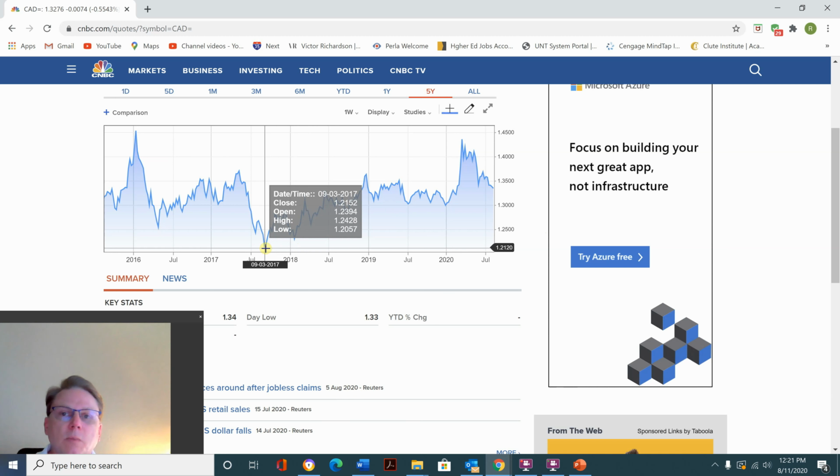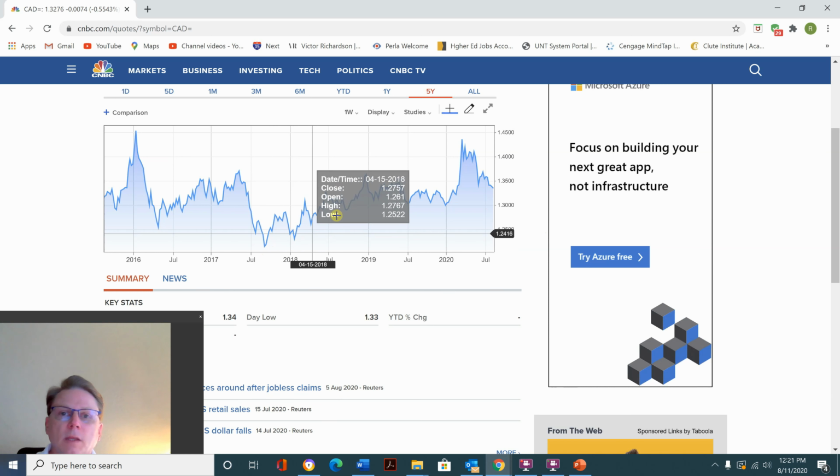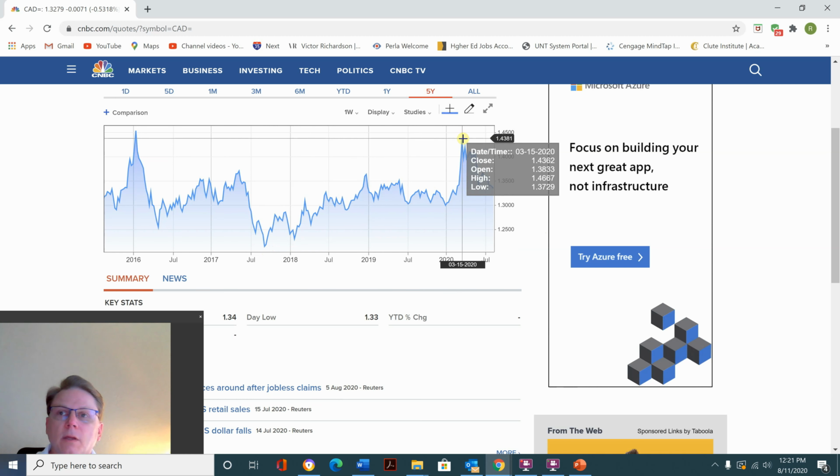So the US dollar bought $1.21 of Canadian dollars. Okay. Then we come up here, the US dollar buys $1.43 Canadian dollars.